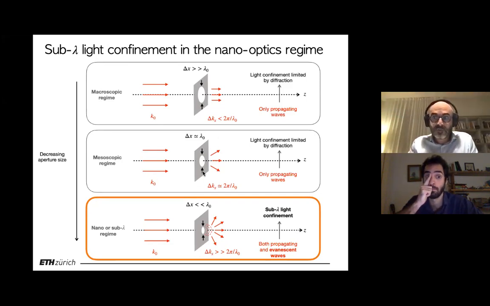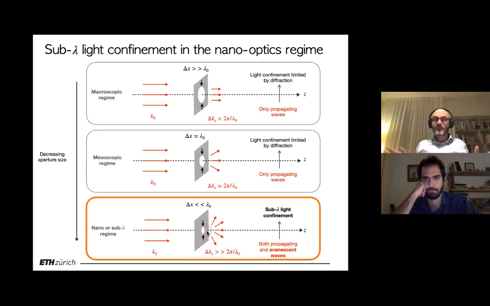We're going to reach the situation where the size of the aperture is significantly smaller than the wavelength. For this situation, the range of k vectors on the other side of the screen will be so broad that a few of these k vectors will be associated with non-propagating waves, so evanescent waves that will be bound to the aperture.